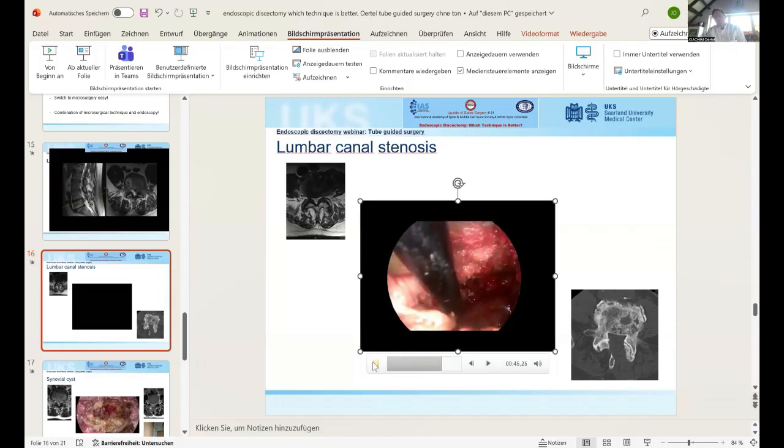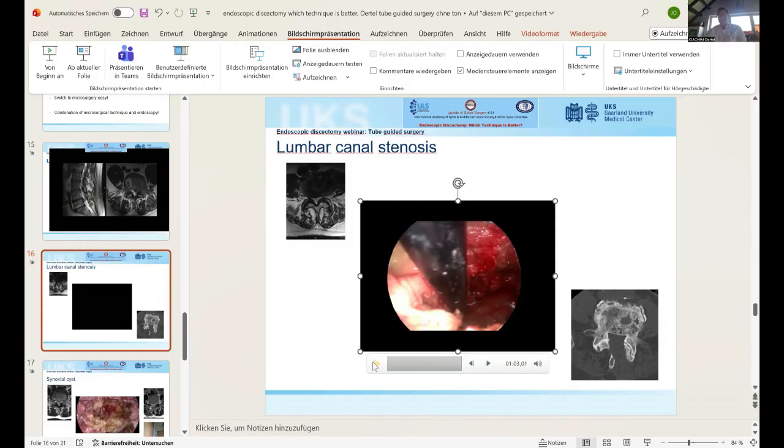And when we do the cadaver courses, this is in many cases the first area where they reach the spinal canal, because when you start with these procedures, the tendency is that you start too much contralateral rather than ipsilateral.